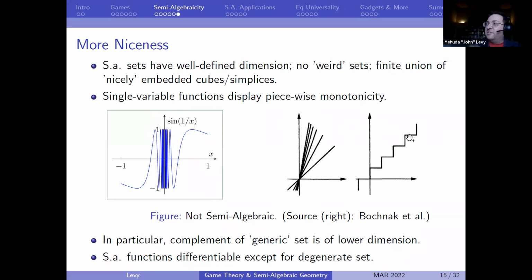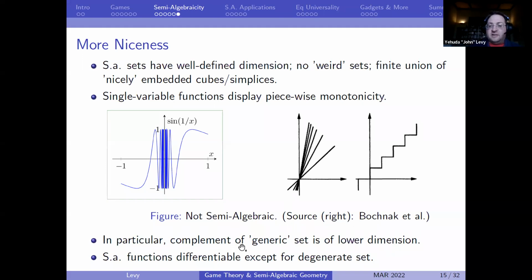Infinitely many stairs can be ruled out. So it imposes a strong tameness on the sets. In fact, there's a whole branch called tame geometry, also called O-minimal geometry, that studies O-minimal categories, which are a generalization of the semi-algebraic sets, which retain a lot of their niceness properties, but allow a little more room than the strict algebraic conditions.